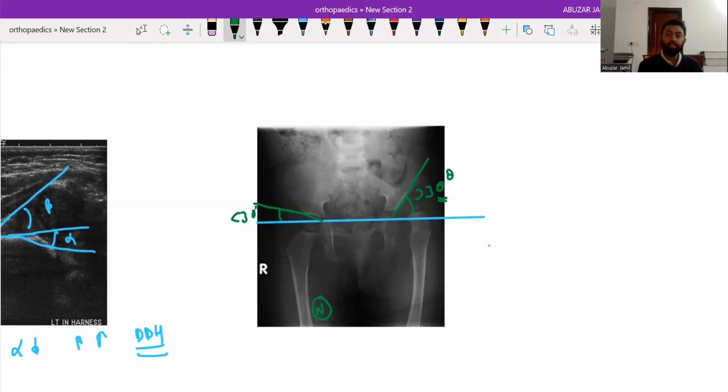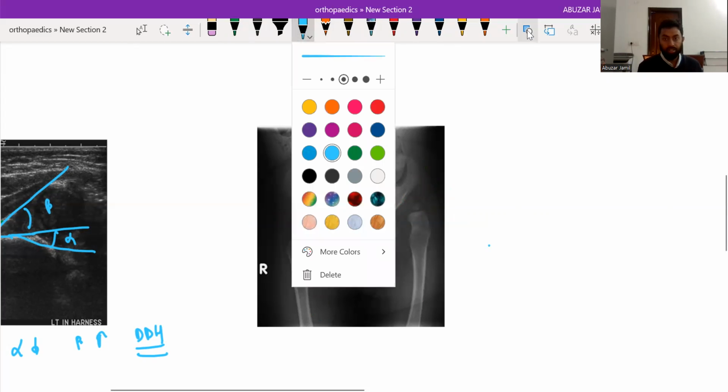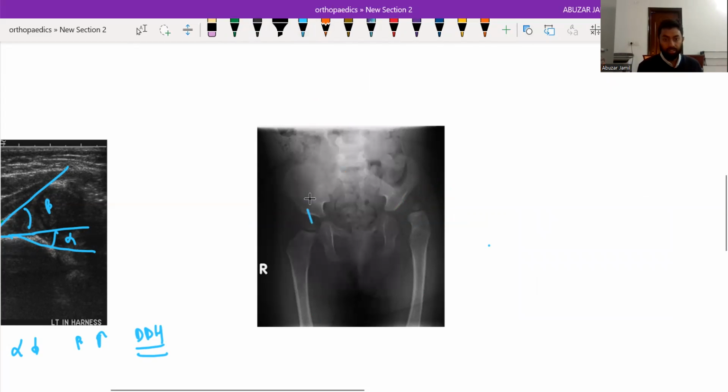And the third thing that we can see in X-rays is the center edge angle. We draw a vertical line from the center of the head and a line from the lateral margin of the acetabulum.